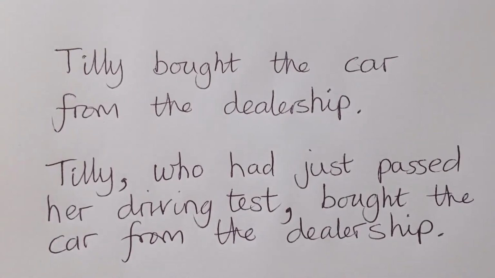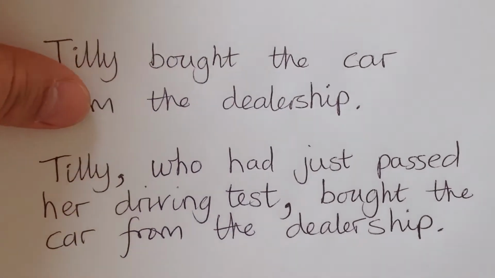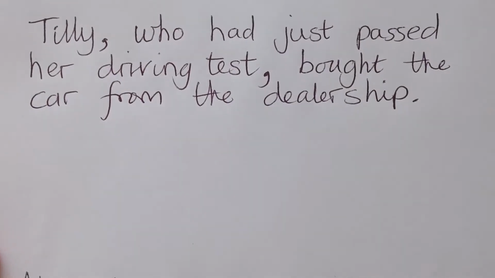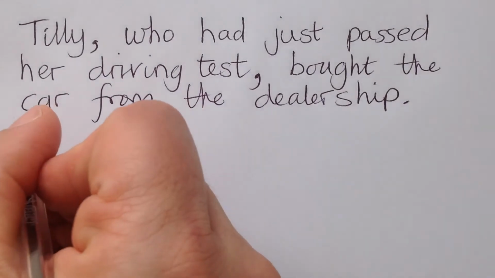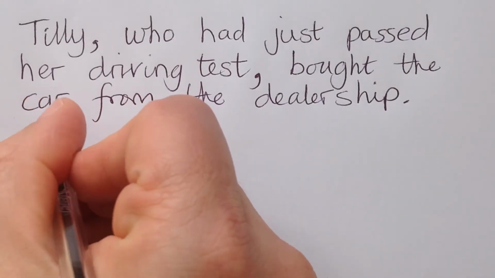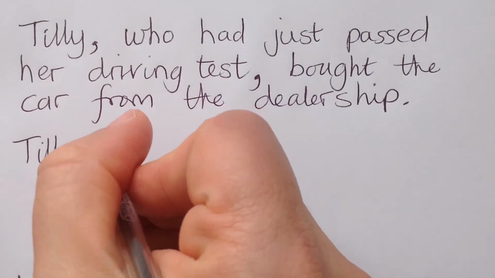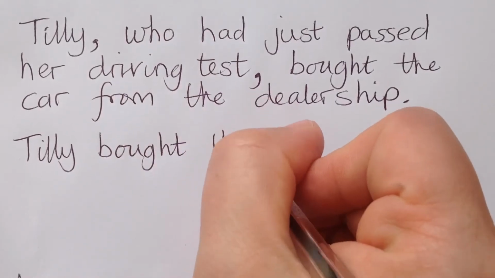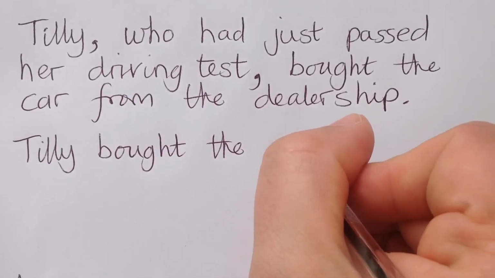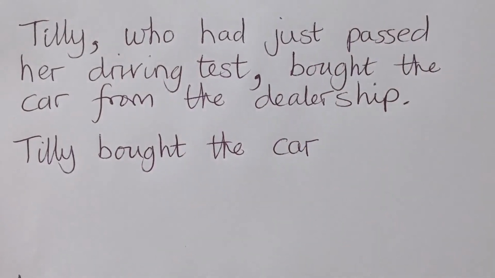Now I said to you, well, you could do this drop-in idea after car. So this time, I'm going to write my sentence up until car. So I'm going to put Tilly bought the car. You can notice I'm going straight into the word bought here because I'm just doing my sentence as it was. Tilly bought the car.